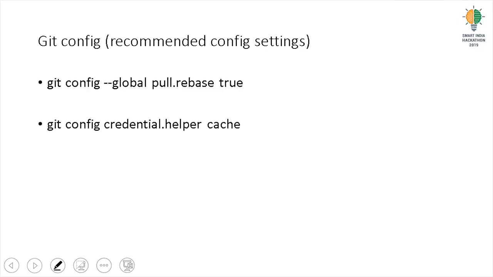Remember the git credential helper. Git config pull.rebase is a convenience command. Right now, I am not going to go into the difference between the merge and the rebase, but I urge you to check the information about git pull rebase.